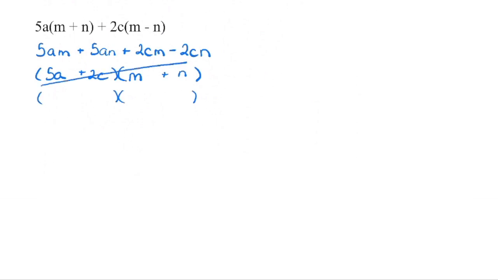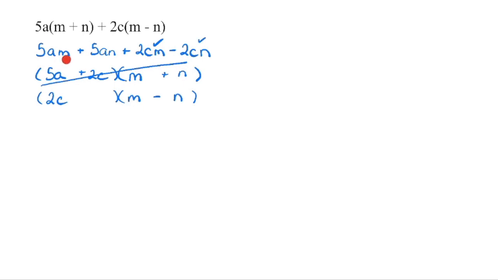Let's try this again. So I can see we've got a 2c and we've got a 2c here. So let's maybe put in 2c, and now I can multiply 2c times m to get that term. So 2cm will give me that term. And then 2c times a negative n will get me that last term. So we can fill in the negative n there. And then we've got an m here.